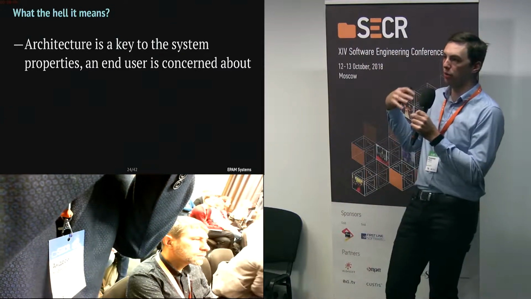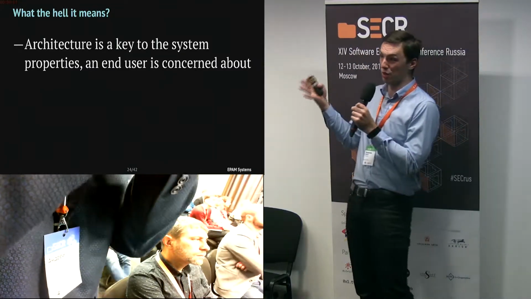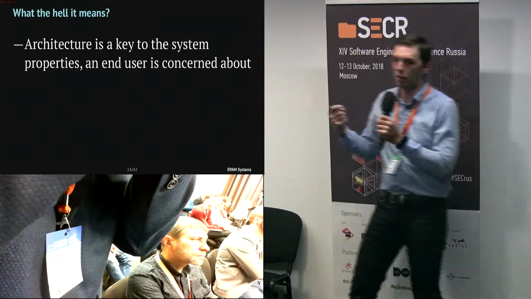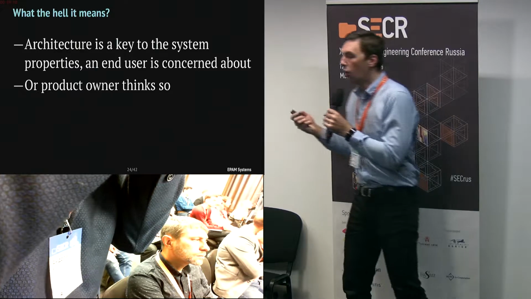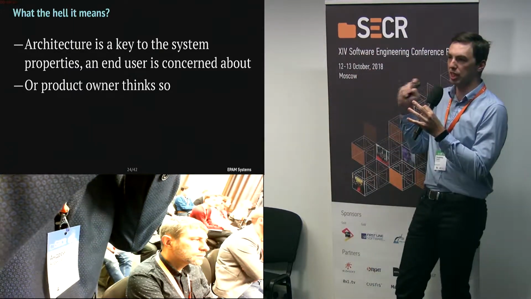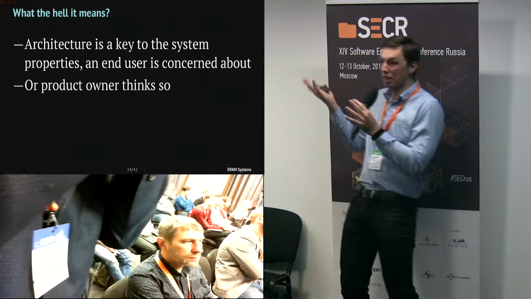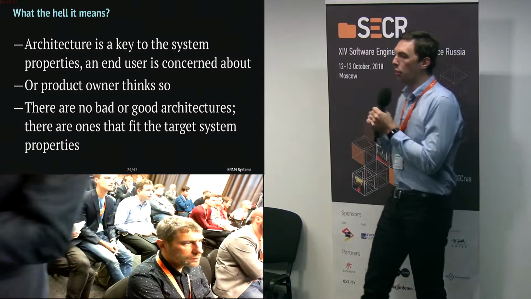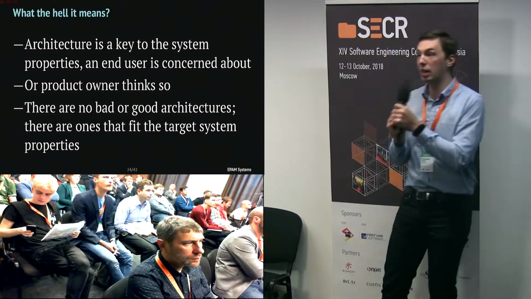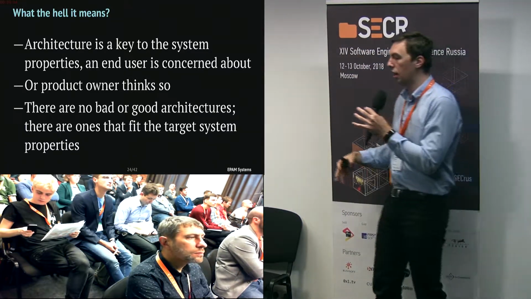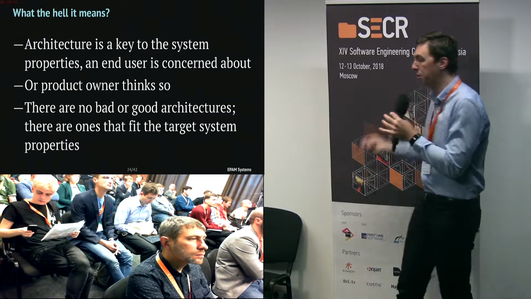So when we were talking about performance, this is really concerning for end users, and you need to design for that requirement. Or maybe your product owner or some business representative think that those requirements are important. They can be wrong, but they think so. So in general, there are no good or bad architectures. There are architectures that fit the target system properties, and architectures that simply don't.